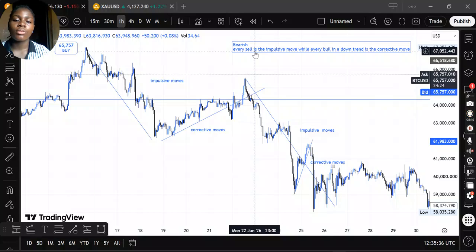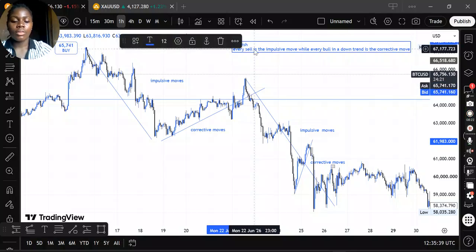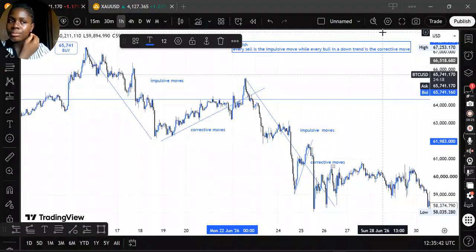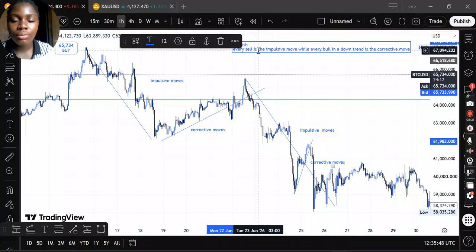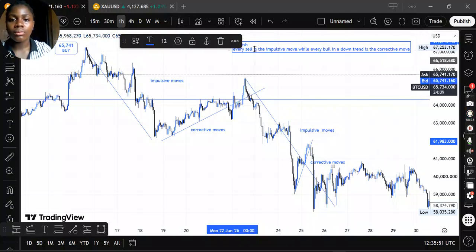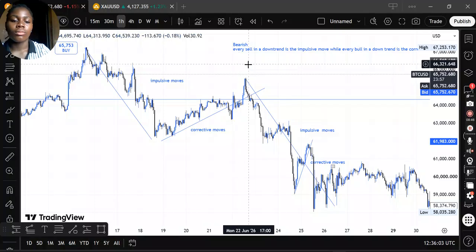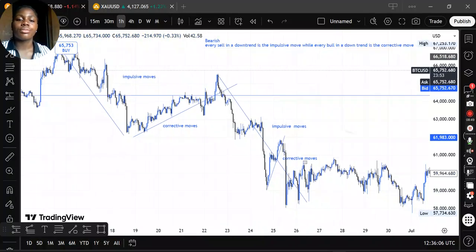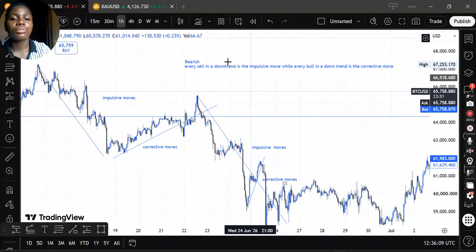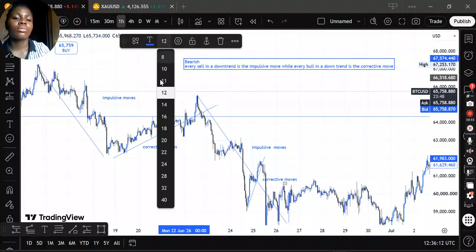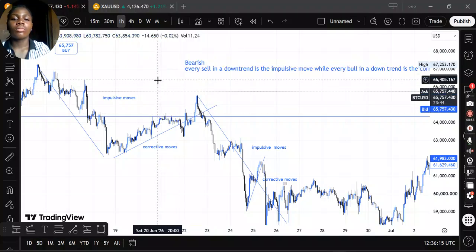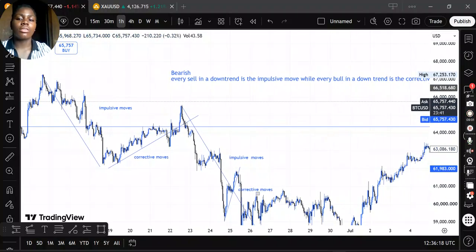Every sell. Let's make that clear. Let it come out big so you can see it.